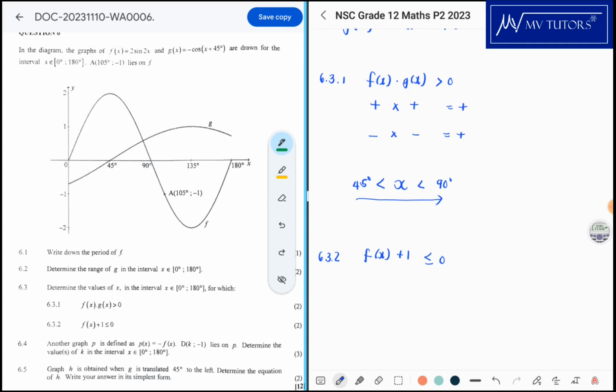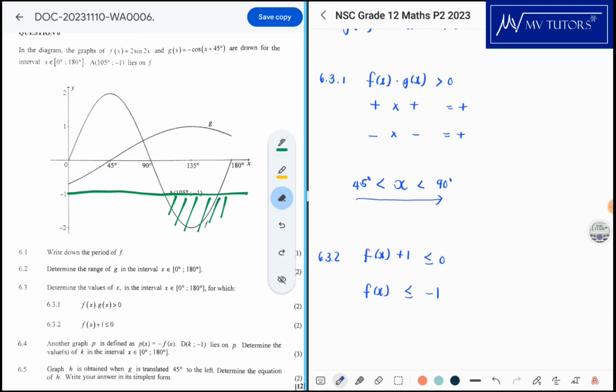What if I then said f of x is smaller or equal to -1? And I'm looking for the y values of f that are below or equal to -1. So if I put a line across -1, I'm basically looking at these values over here. Okay, because that is where the y values of f of x are smaller than or equal to -1.